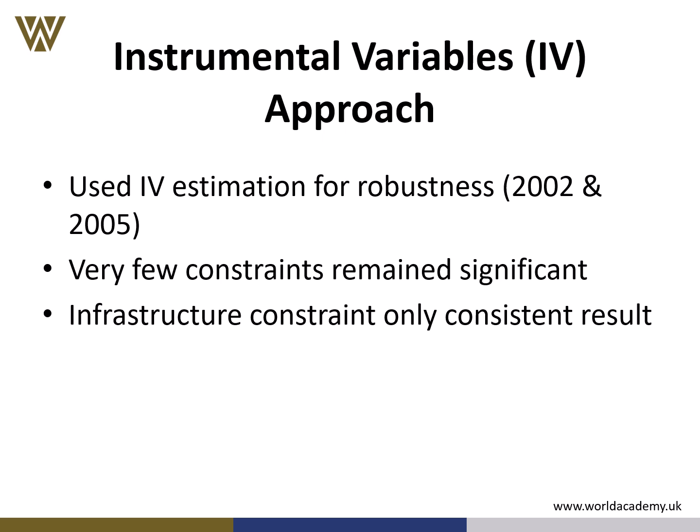Under IV estimations of robustness, with the instrumental variable approaches, certain instruments, for example subsidy, might be very potent, whereas certain instruments, let's say taxes, might be highly volatile or regressive in nature. So you need to understand what the instrumental variables approach is all about. Very few constraints remain significant. Infrastructure constraint only gives consistent results.